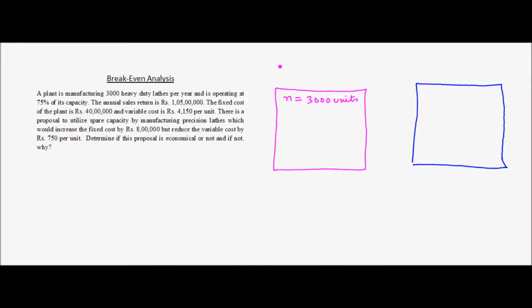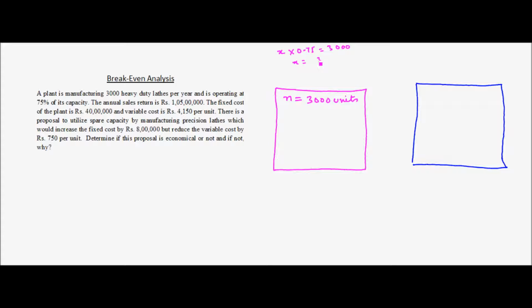So let's find out what is the capacity of this plant. So let's say the full capacity is X. So X multiplied by 0.75 is equal to 3,000. This means that 75% of the full capacity is 3,000 units.